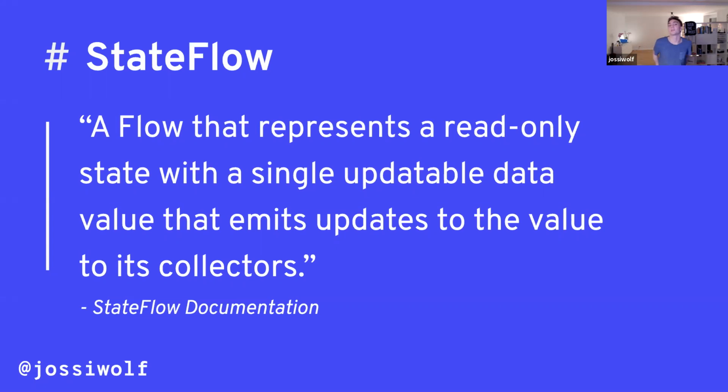So I want to mention how migrating to StateFlow from LiveData works, because so far we only looked at migrating repositories and the communication between view models and repositories, but there's still a whole bit between the view models and UI layers.